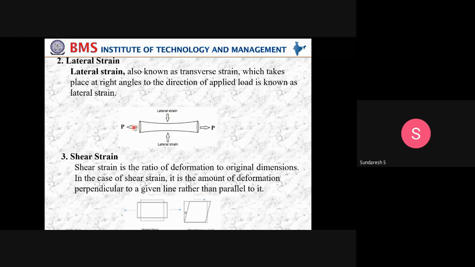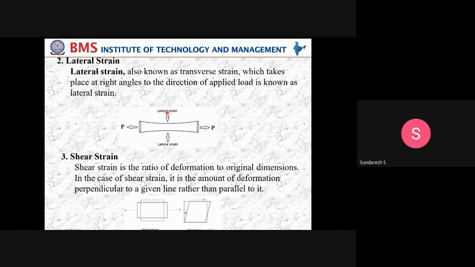Look at here. The loads are acting along the axis over P here, and the strain is exactly perpendicular, which is at right angles to the axis, where the length is increasing and the diameter is decreasing. So the diameter will be considered as a lateral dimension, where length is the longitudinal or linear dimension.